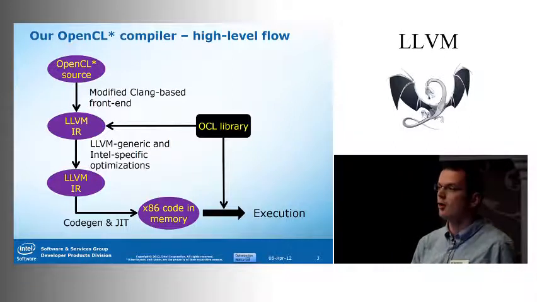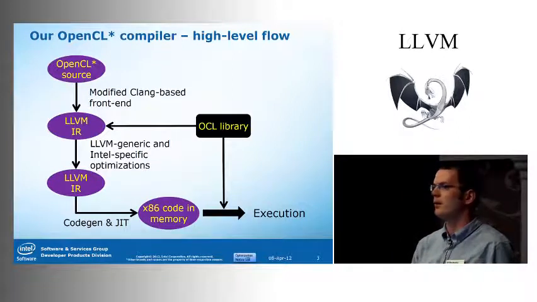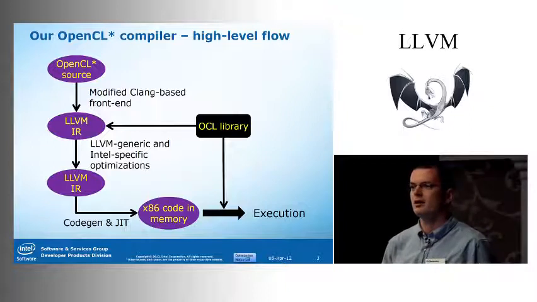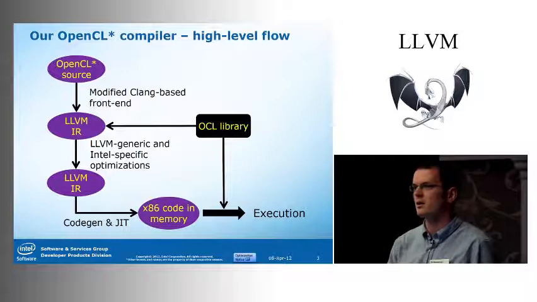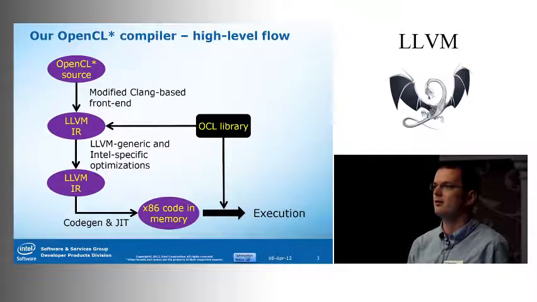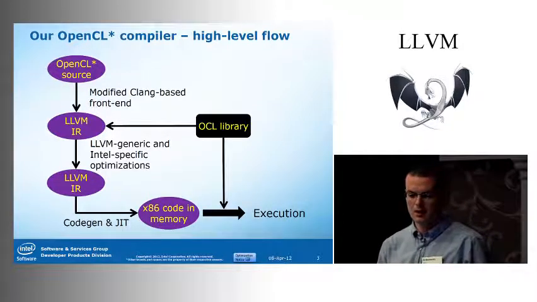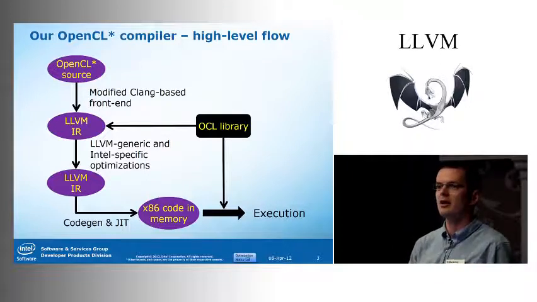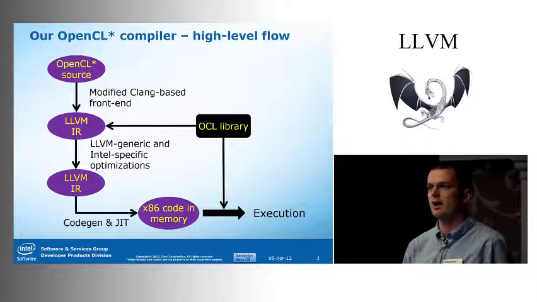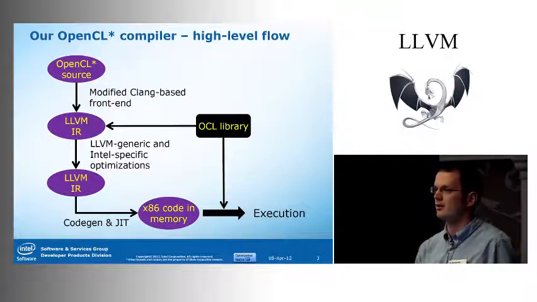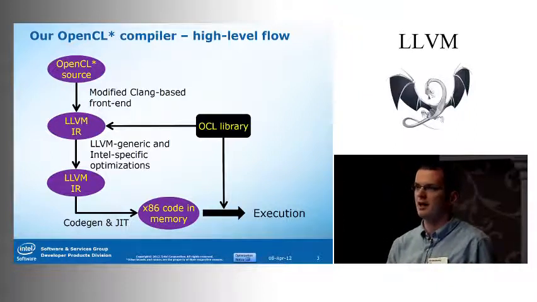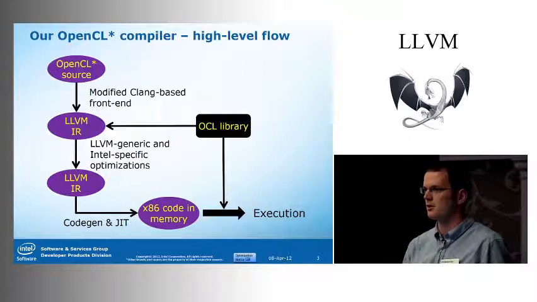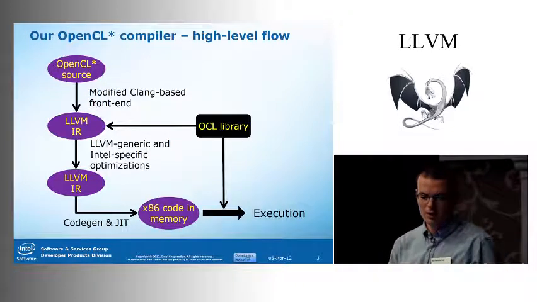So we have the OpenCL library, which is like built-ins and heavily optimized building blocks that gets injected into this process in two places. One of them is on the LLVM IR level. Some code is just written in a way that is compiled into LLVM IR and can then be optimized by LLVM together with the user code, OpenCL code.